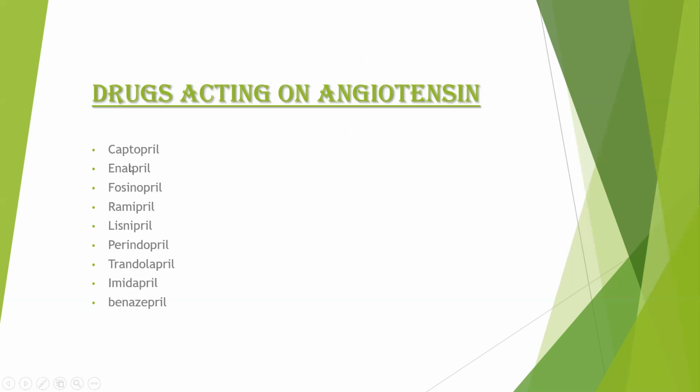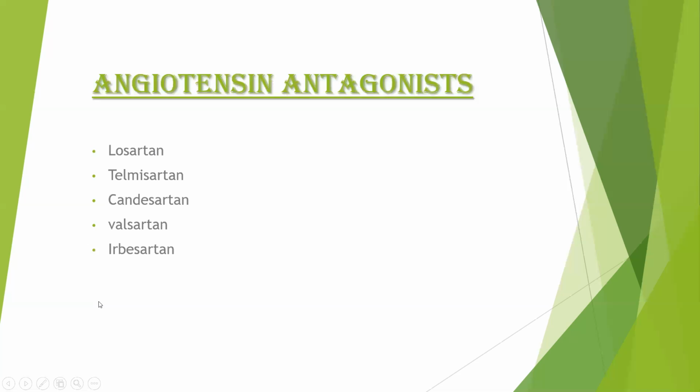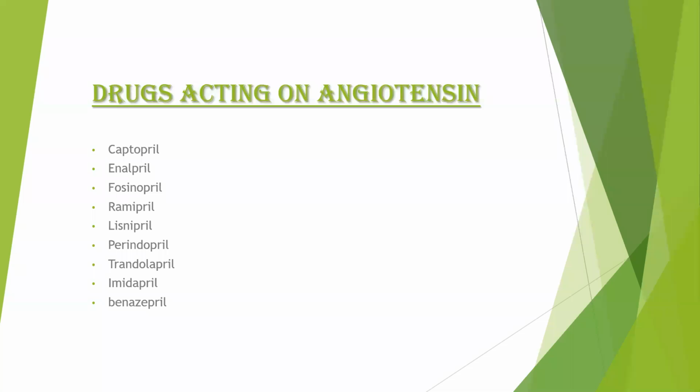First are captopril, enalapril, fosinopril, ramipril, lisinopril, perindopril, trandolapril, imidapril, and benazepril. I will describe the action of captopril. It inhibits the action of angiotensin 1 but not of angiotensin 2 and does not block angiotensin 2 receptors.